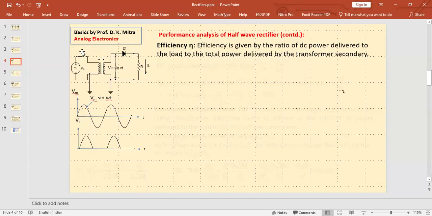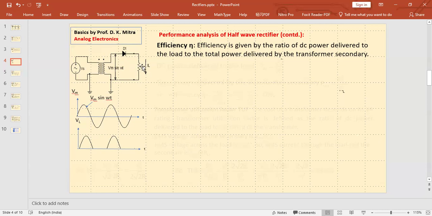Here, what is the job to be delivered? It is the DC power. So, it is the ratio of DC power delivered to the load divided by the AC power delivered by the transformer secondary. Transformer secondary actually gives the sinusoidal AC input to the rectifier, and the rectifier passes on the DC power.